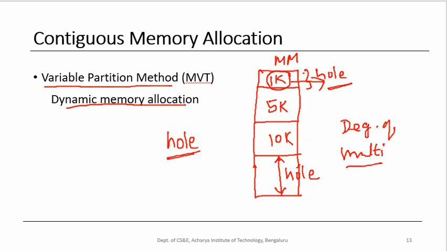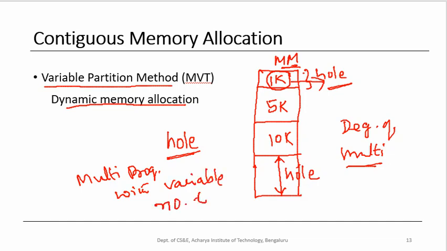So more number of processes could be kept in the main memory. Again, here I will not be discussing the drawbacks of this approach, but this approach is also called MVT, that is multi-programming with variable number of tasks.